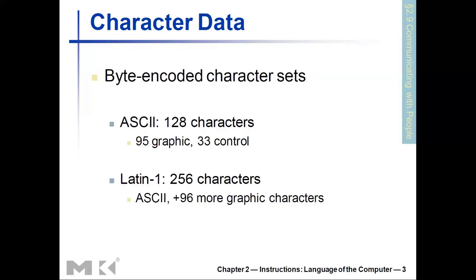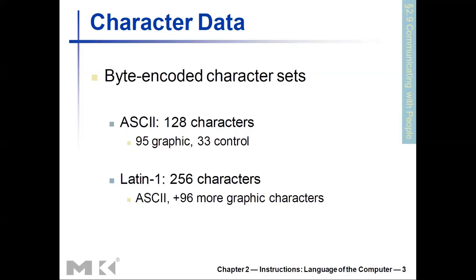So with ASCII, we can represent 95 graphic symbols, and there are 33 control symbols. These control symbols are used for things like the new line character, the tab character. These things can also be encoded in ASCII.